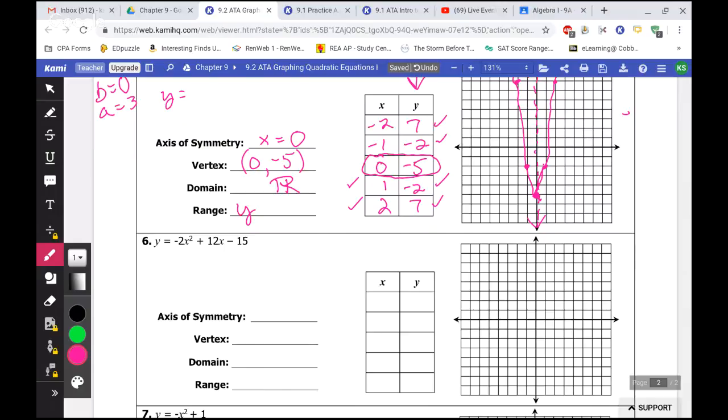Greater than. Good job, because things in life are greater than when you are smiling, happy, open. All right, so if it's going to be greater than and it deals with the Y coordinate of the vertex, Y is going to be greater than what?